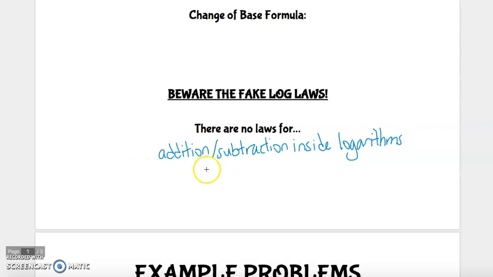For example, if you have log base 8 of v plus w, that doesn't simplify to anything. Or if you have the natural log of q plus k, or excuse me, I wanted to do a subtraction one, q minus k, that doesn't simplify to anything.